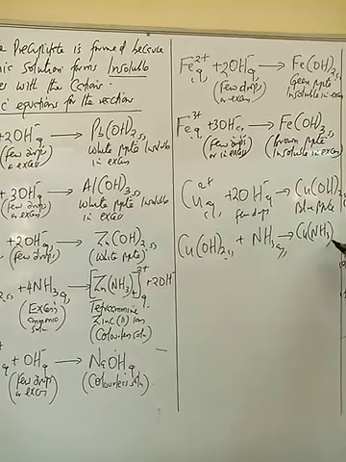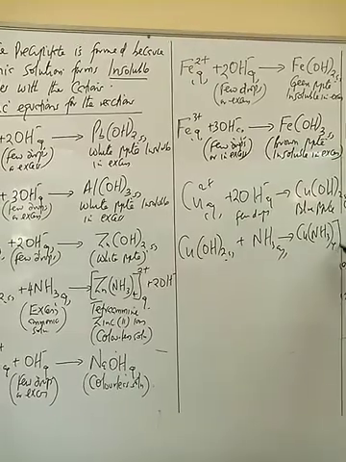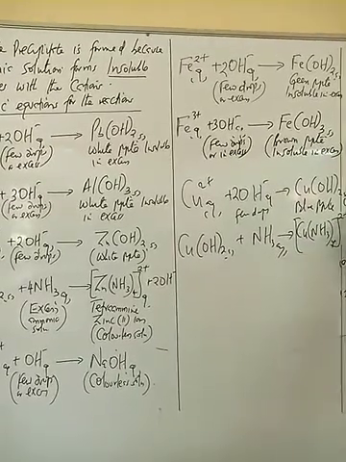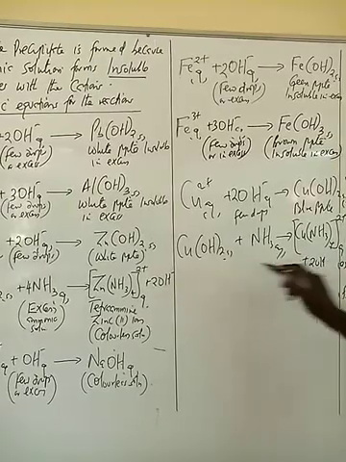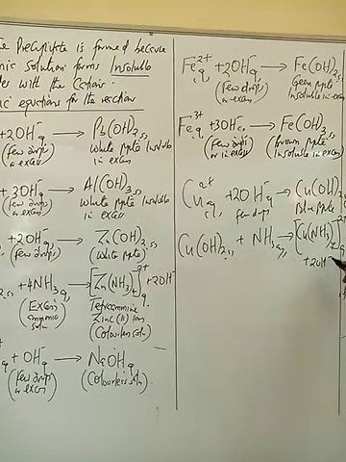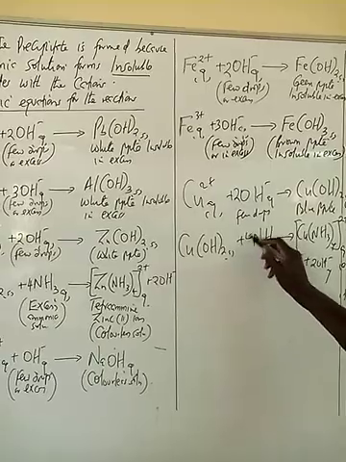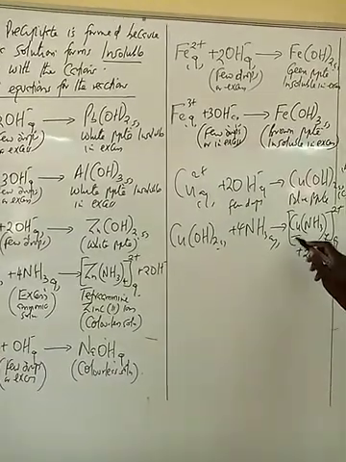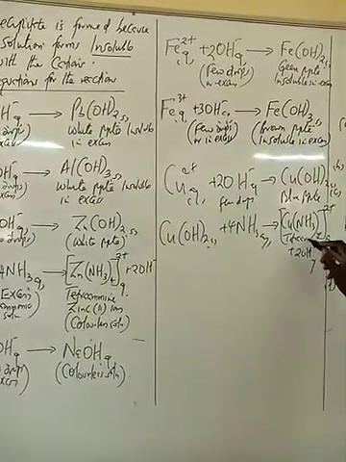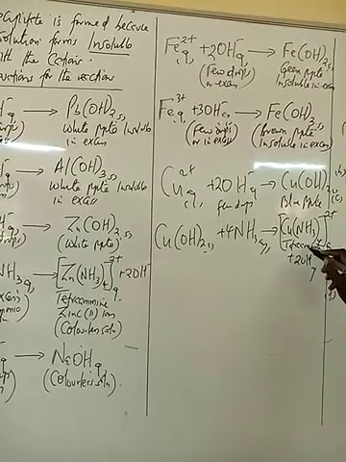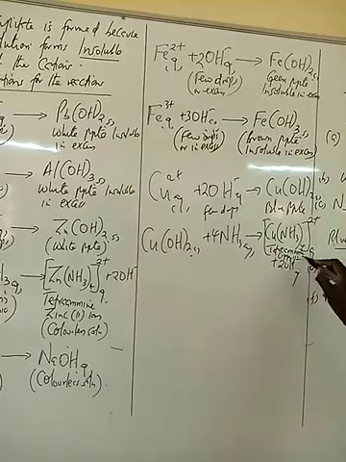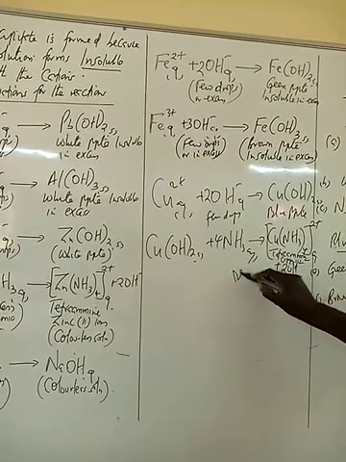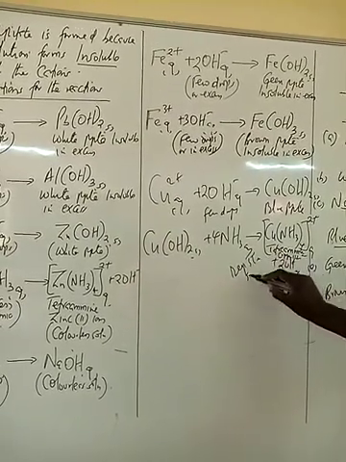Tetra means 4. Tetraamine copper 2 ion, which is a cation, plus the 2 hydroxide, which will be lost from the blue precipitate. So this is what we call tetraamine copper 2 ion, which is a deep blue solution.